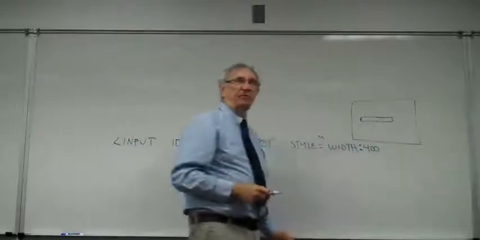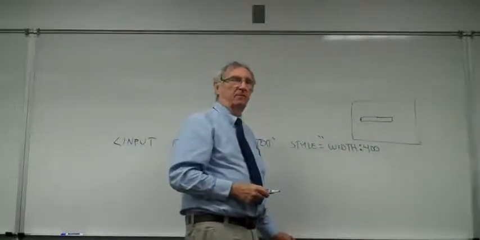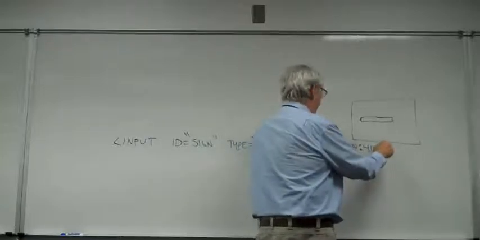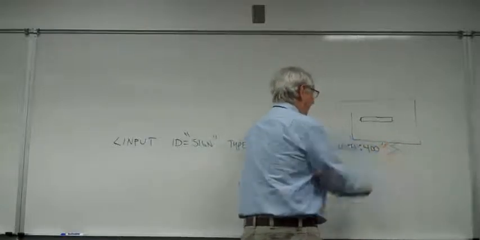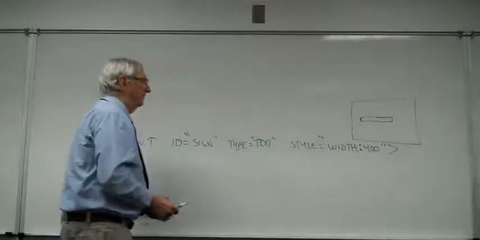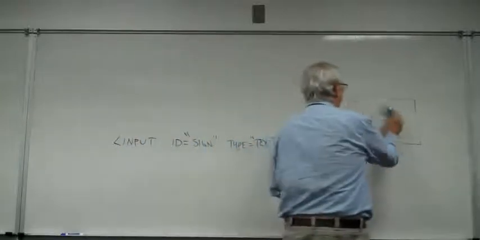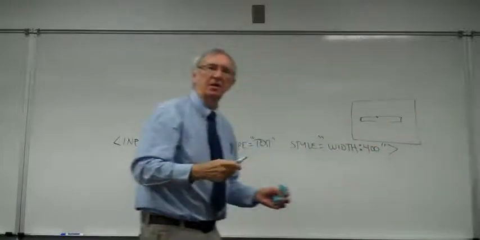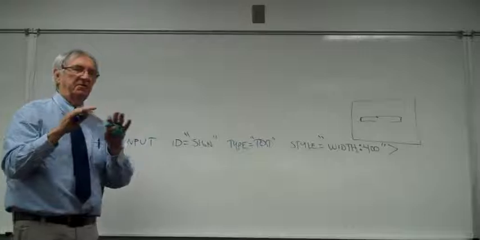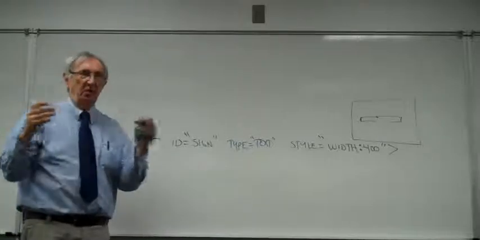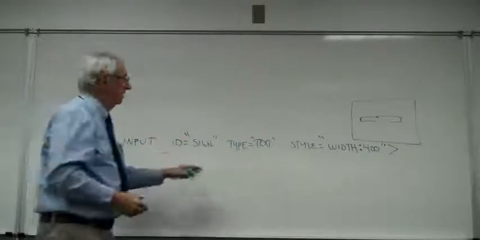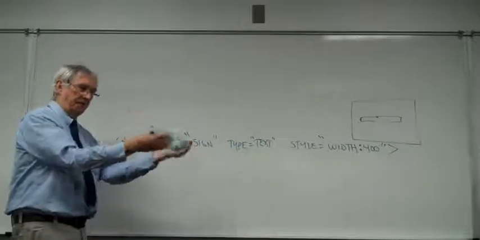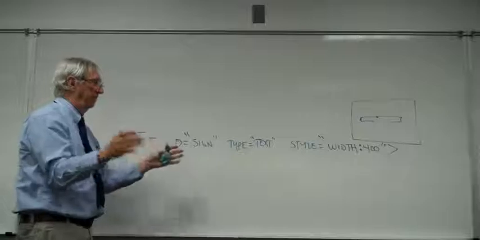And that's 400 pixels, by the way. It's 400 pixels wide. You can put px or not, it doesn't make any difference. Width is 400 pixels. Here we go. So now what we've done is we've said we want this thing to be longer. We don't want it to be that short. We want it to go out 400, whatever that is. So we're actually increasing the length so people can type more stuff in. Or your answers may be long. You want to be sure you have enough room in there. So therefore, this right here controls the width of the thing that we're typing into. It gives you a better width.